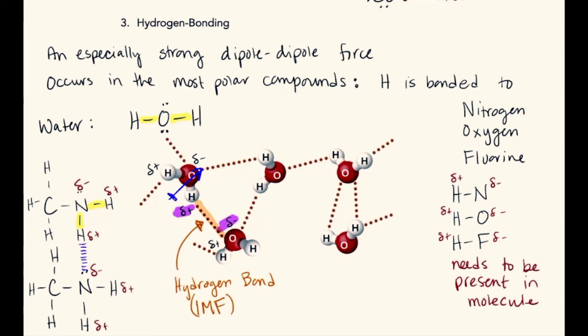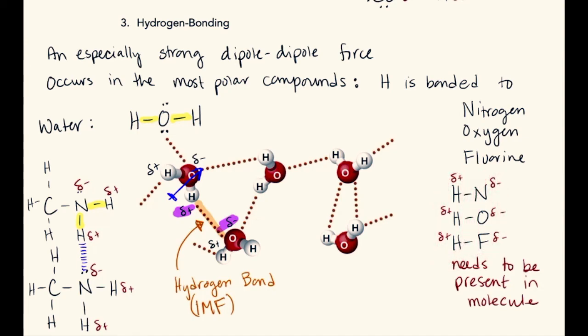It's not going to be from a hydrogen that is not bonded to that N, O, or F. Okay? So these hydrogens are not going to be part of the hydrogen bond. It has to be one of the hydrogens that's attached to that N, O, or F atom that we've said needs to be present. The H needs to be bonded to N, O, or F, and then the hydrogen bond occurs between the hydrogen part of that on one molecule and then the nitrogen, oxygen, or fluorine on the other molecule.